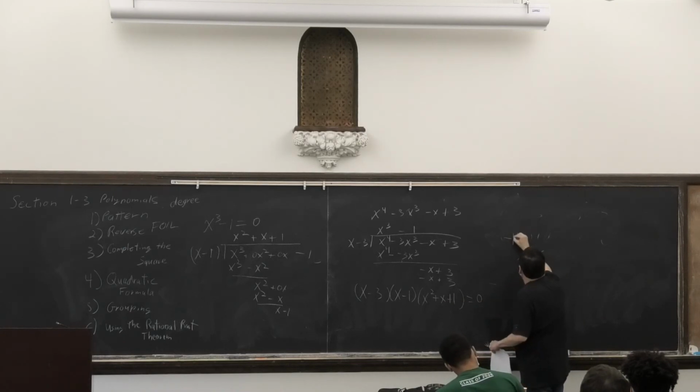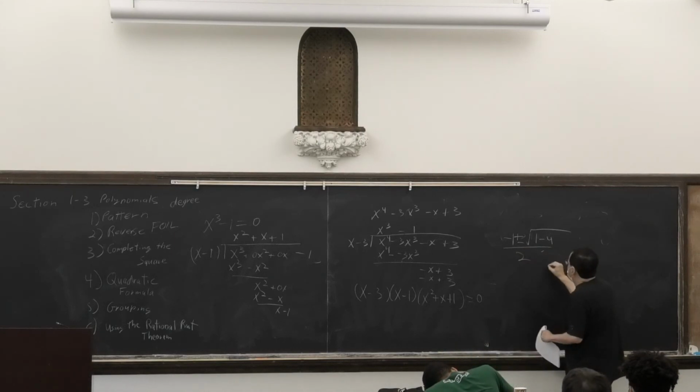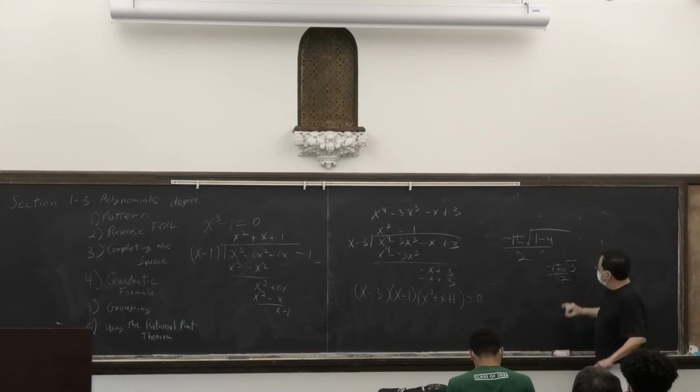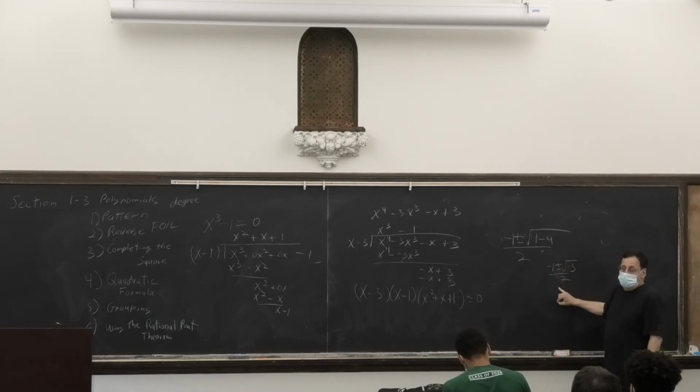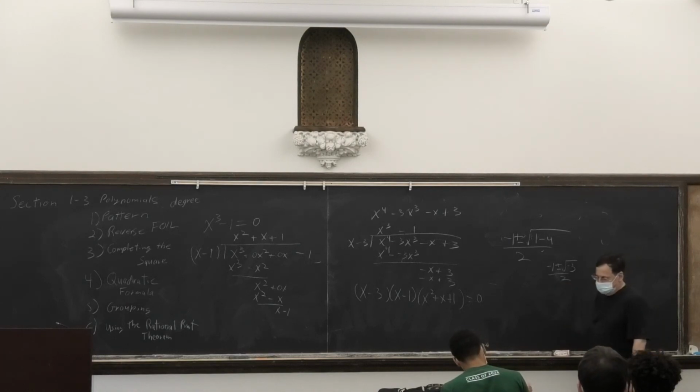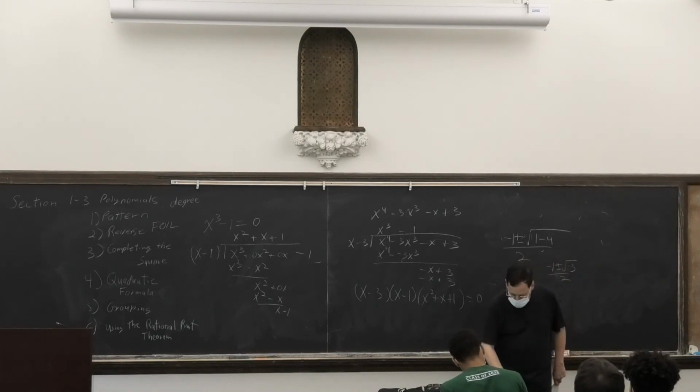Negative 1 plus or minus the square root of 1 minus 4, over 2. Negative 1 plus or minus the square root of minus 3, over 2. These are complex roots, and that kind of solves the problem.